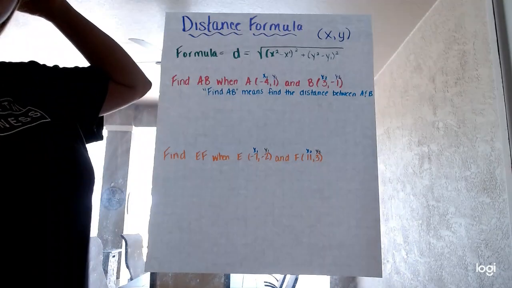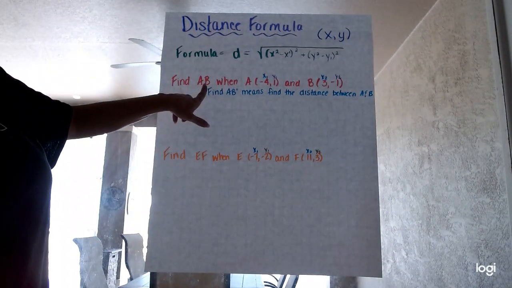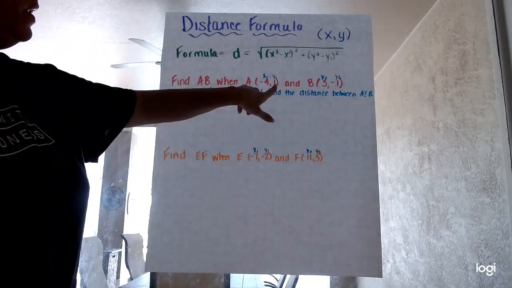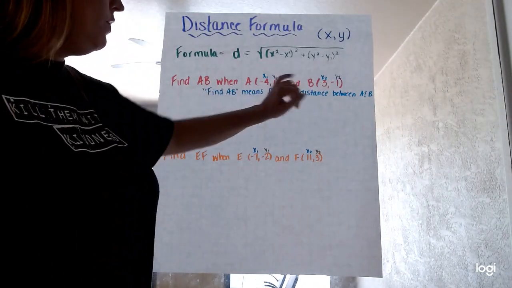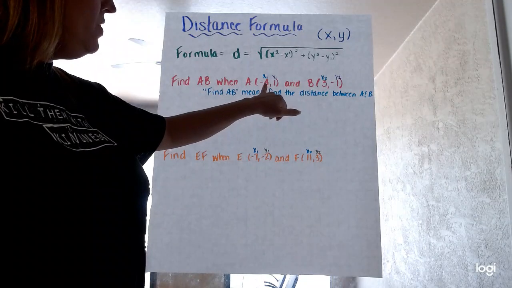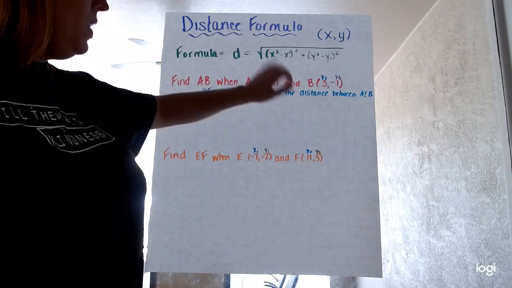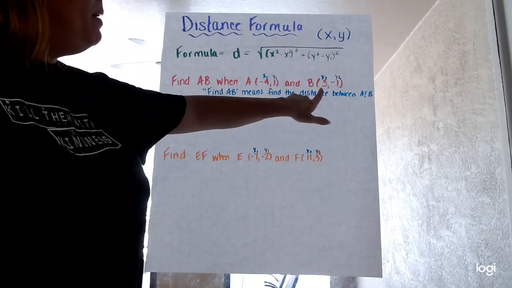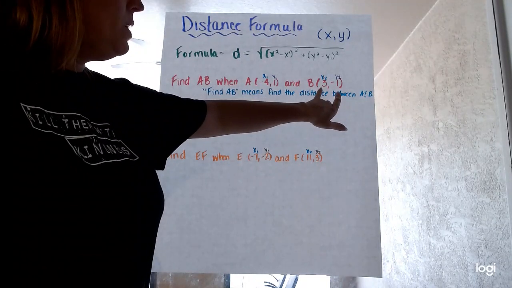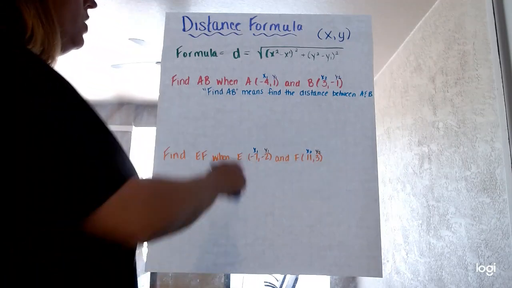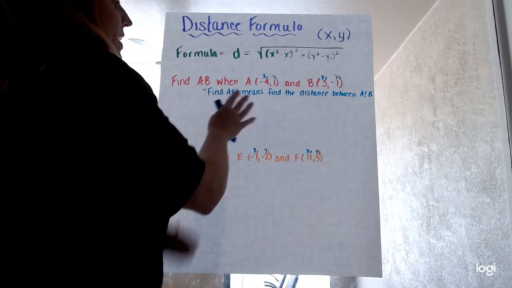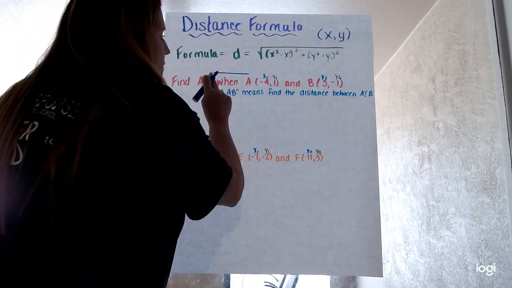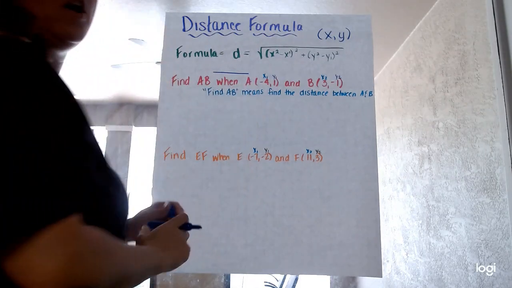So the first example on your worksheet is find AB, line AB, when A, point A, is -4, 1, and B is 3, -1. So my x here is -4 and my y is 1. These are my first set of points. So these are going to be my x1, y1, and my x2, y2, my second set of points, is 3 and -1. So finding AB means you're going to find the distance between A and B. So it's how far is this point to this point on this line.